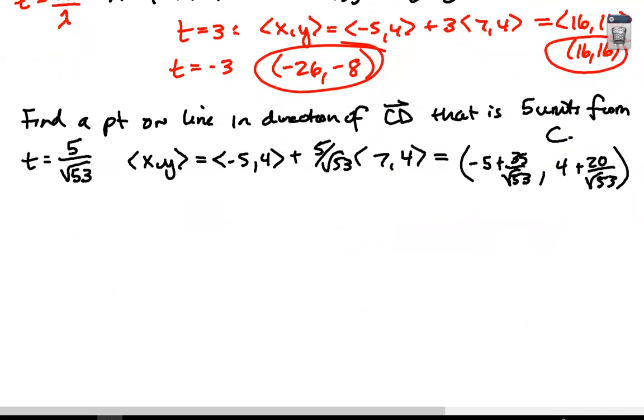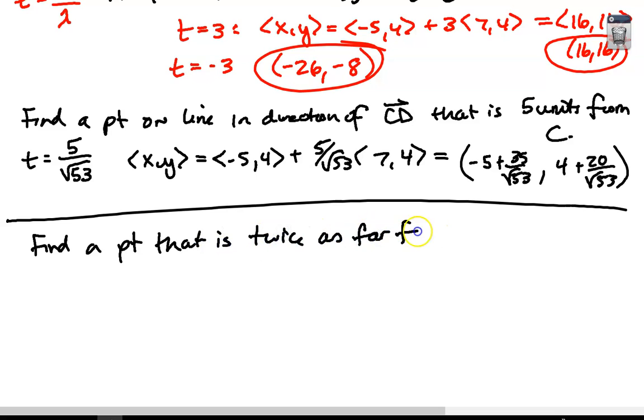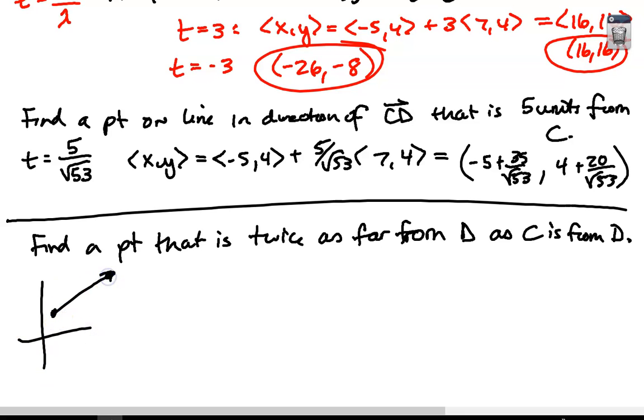Okay. Now, we also did some ones where we would say, like, find a point that is twice as far from D as C is from D. Okay, so we want to find a point on our line, and we want that point to be twice as far from D as C is from D. Okay, so, well, you can think about it.